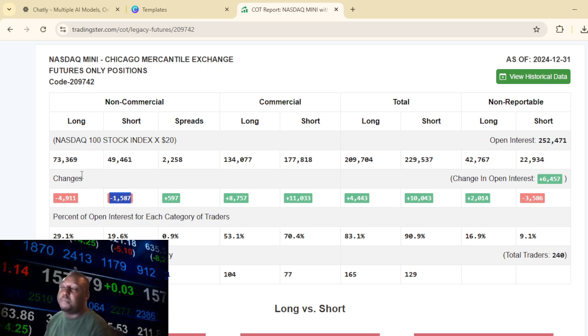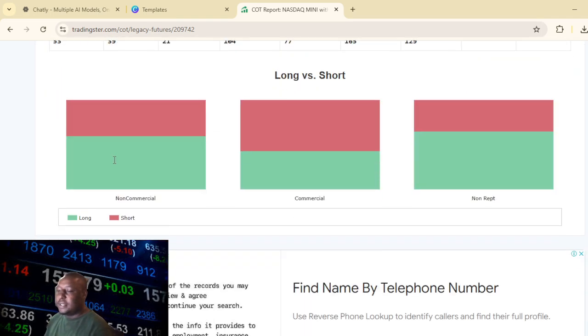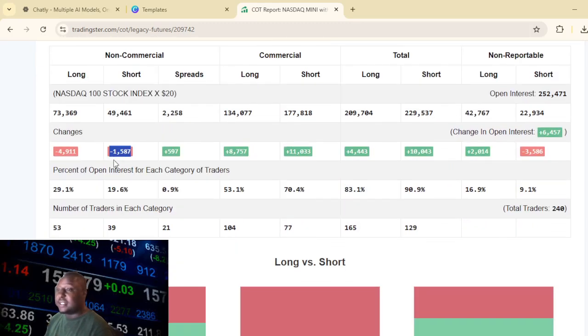So they closed more long contracts than short contracts. So for last week, they were slightly bearish. Interesting. I didn't expect this to be like this last week. I thought they were bullish. Okay, maybe because I was bullish. However, this is interesting for Nasdaq. So that's maybe why it's giving me a neutral to bearish reading on my fundamental spreadsheet.